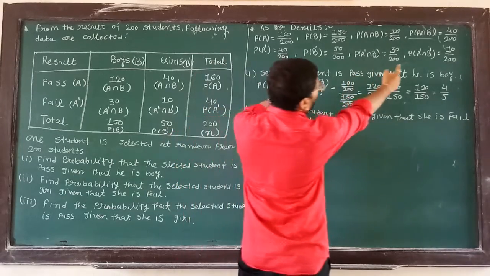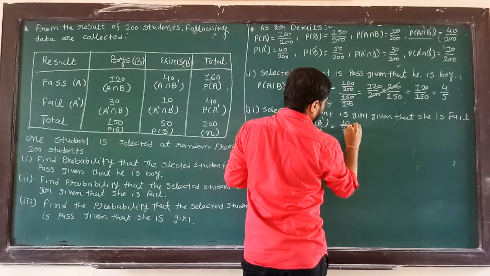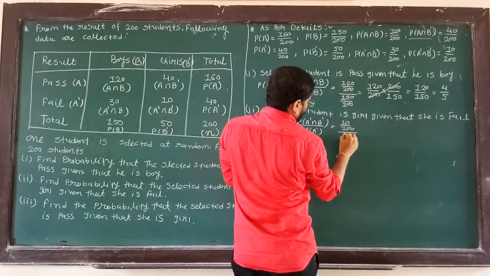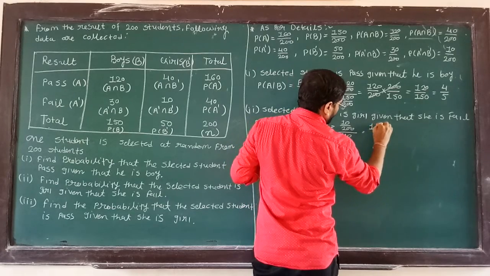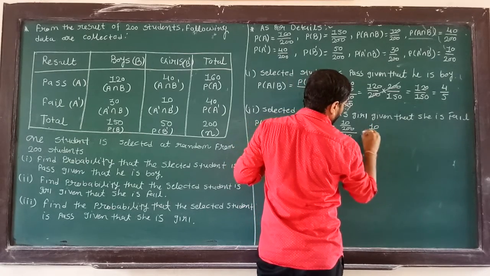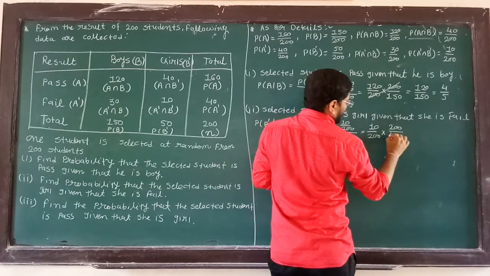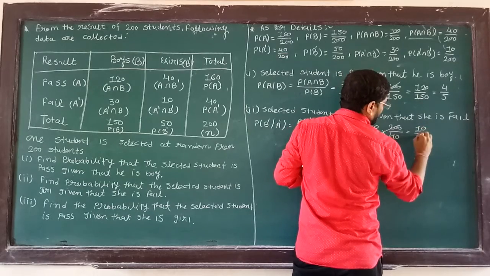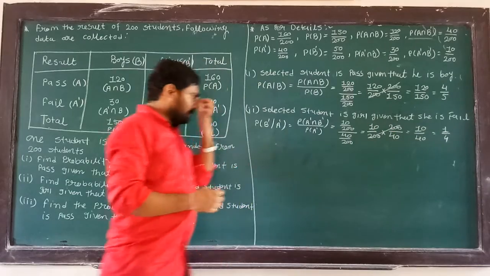Now P of A dash intersection B dash is 10 upon 200, upon A dash, which is 40 upon 200. 10 upon 200 times 200 upon 40. 200 cancels. 10 upon 40 means 1 upon 4.